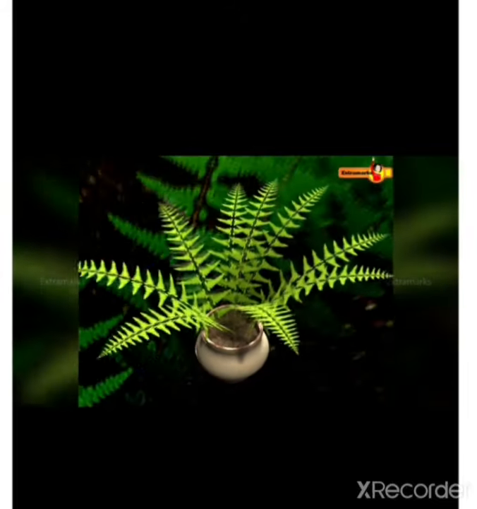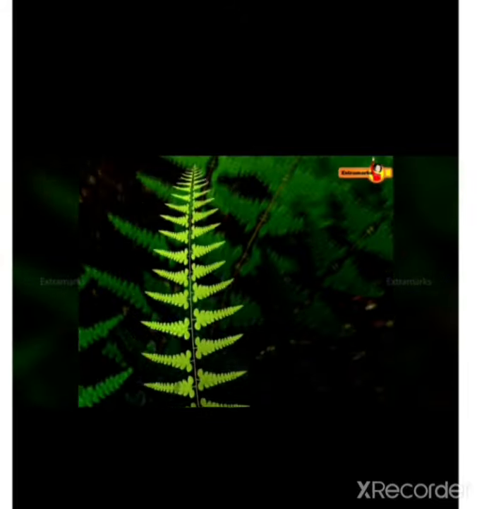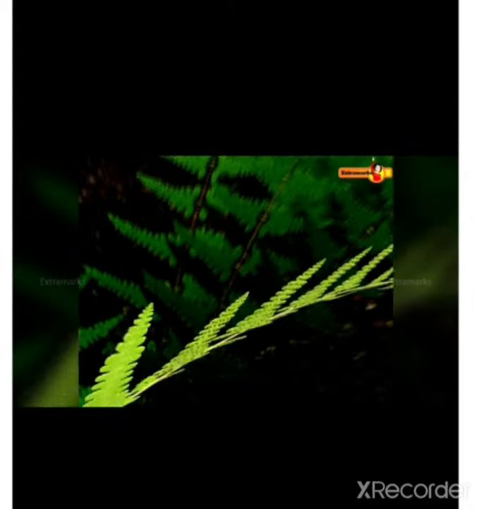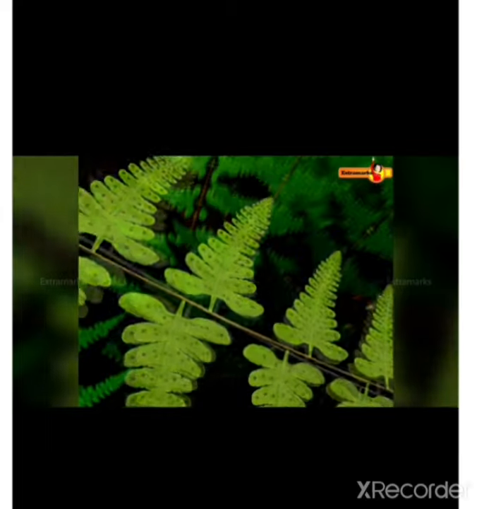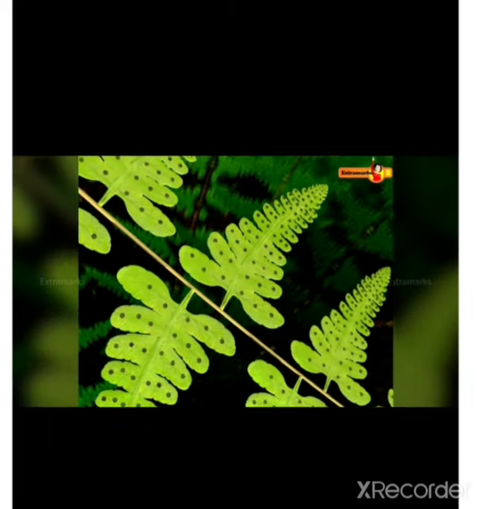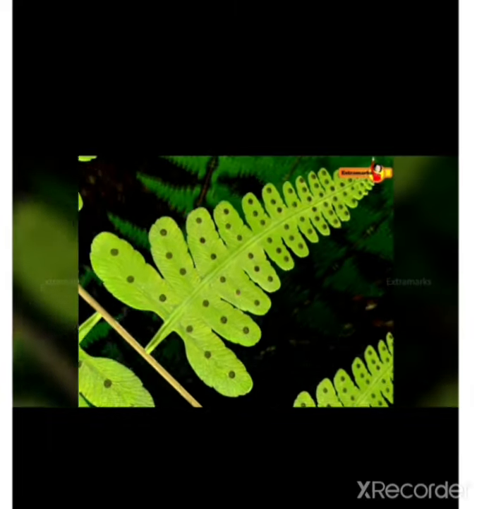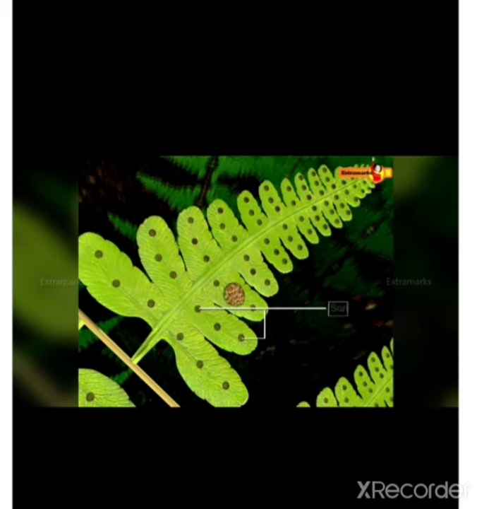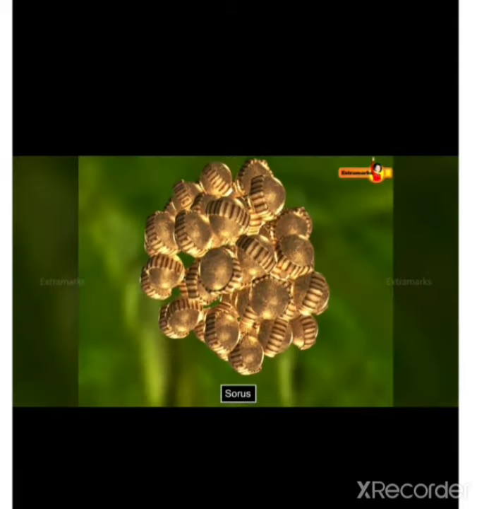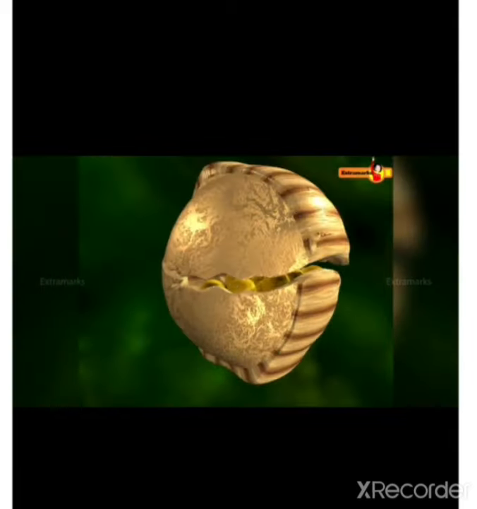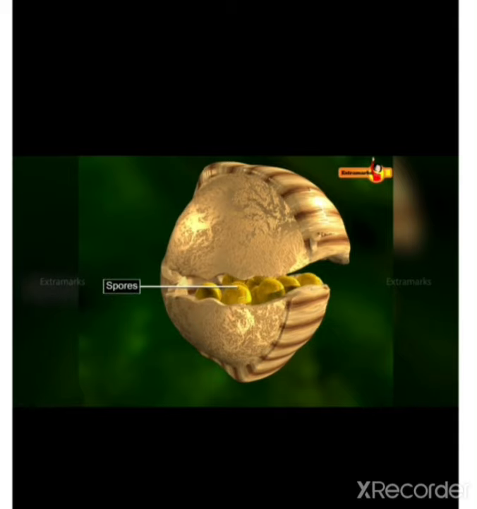Among plants, ferns produce distinctive structures on the lower surfaces of the fronds. These distinctive structures are called sori. They contain sporangia that contain spores.